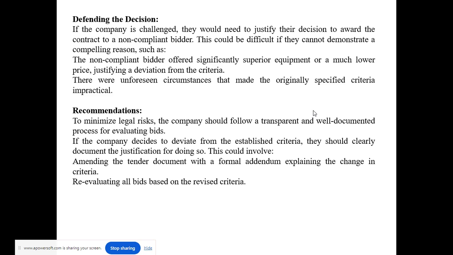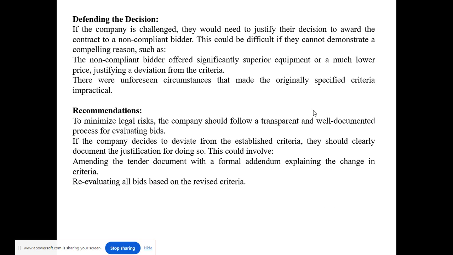So if the company is challenged, what will happen? They would need to justify the decision to award the contract to a non-compliant bidder. It is very difficult for them to demonstrate this, unless the non-compliant bidder offered significantly superior equipment or much lower prices.